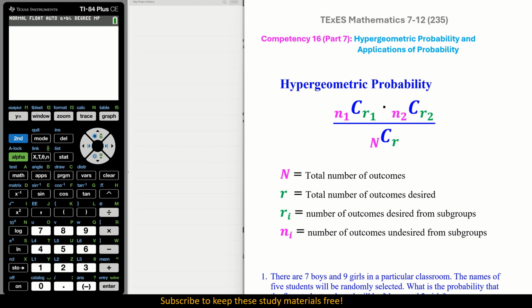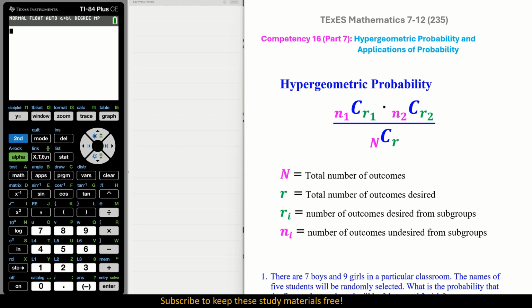But from that group of outcomes, we're going to need to ask questions or gather information from subgroups. So we're going to have a desired subgroup and then an undesired subgroup. So we're going to say, okay, what's the probability of something out of this subgroup that you want? Well, what is left? And what's the probability of getting what is kind of, quote unquote, leftover?